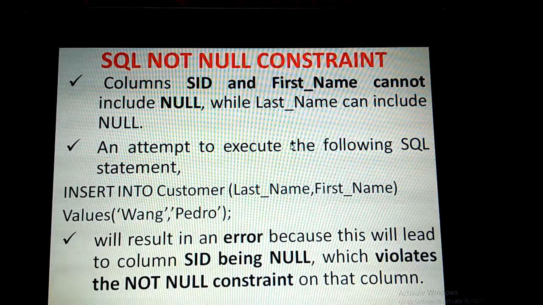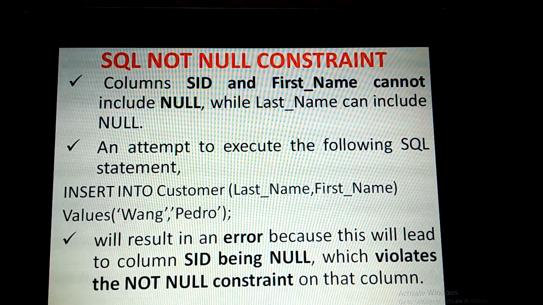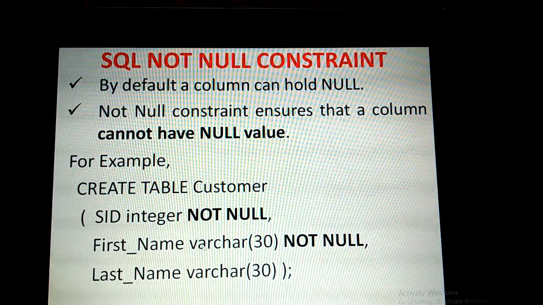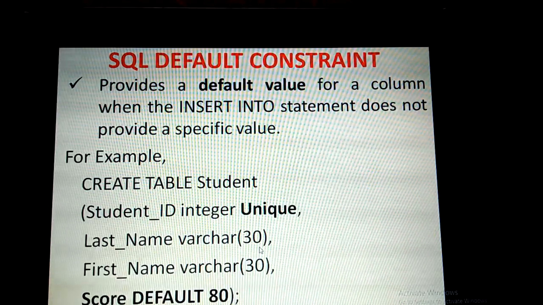But according to our create table statement, SID is set with the not null constraint, so it will not take any null value. So it will result in an error, because this would leave column SID null, which violates the not null constraint on that column. MySQL will generate the error.